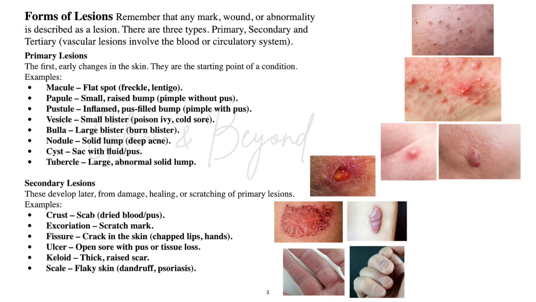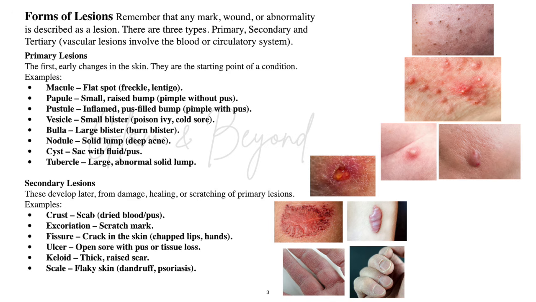The term bulla is a large blister, like a burn blister. A nodule is a solid lump, like deep acne. A cyst is a sac with fluid or pus. A tubercle is a large abnormal solid lump. So all of those are examples of primary lesions.